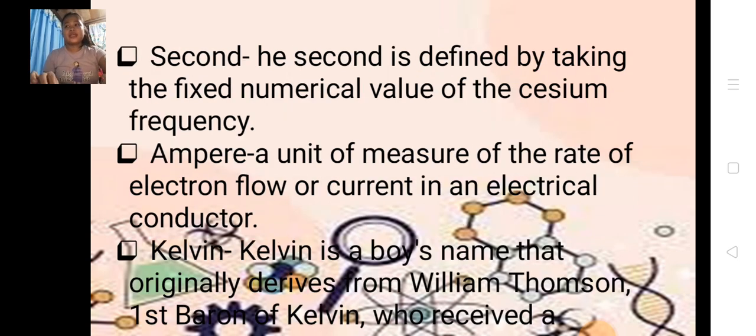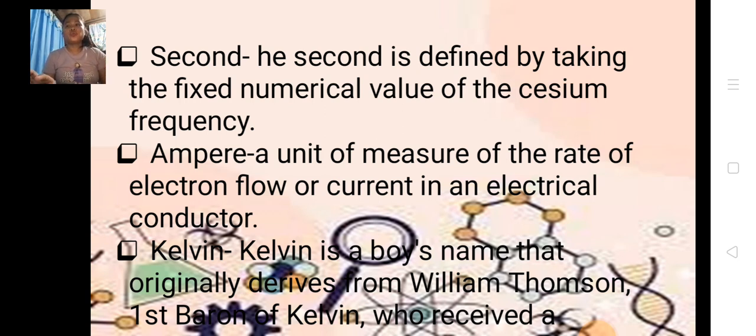Third is the second. The second is defined by taking the fixed numerical value of the cesium frequency. So, the second refers to time. It is how many seconds are consumed, or how much frequency is consumed.